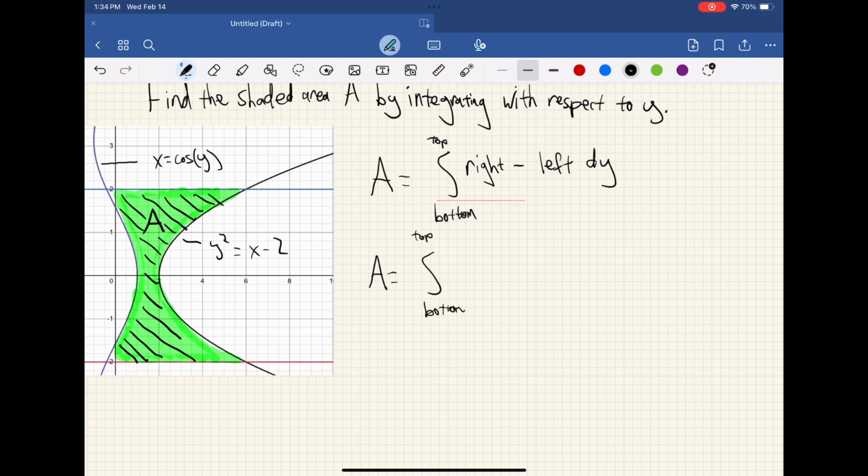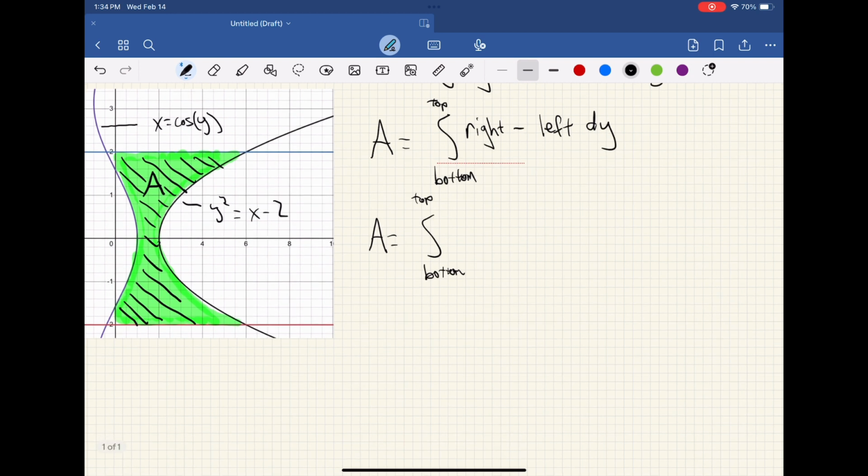to the top of, in this case, our right function, which is this parabola, y squared equals x minus 2. Now, since we're integrating in terms of y, we need to solve for x. So if we have y squared equals x minus 2, then y squared plus 2 equals x. So that's going to be our rightmost function, y squared plus 2.